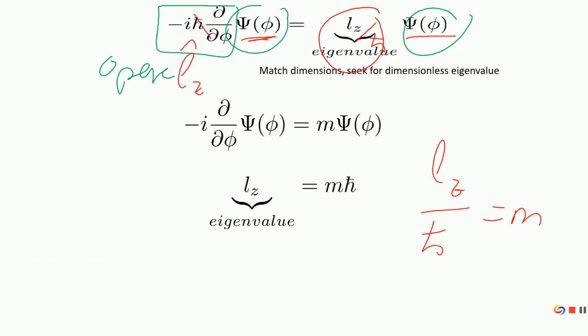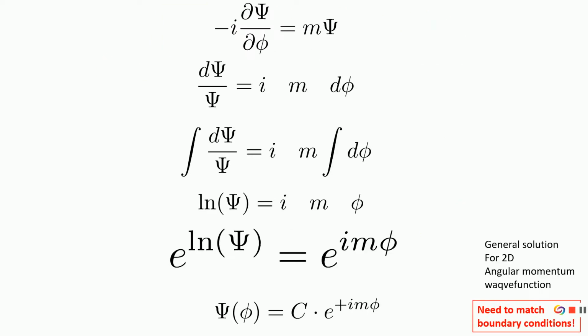So there is nothing new. Angular momentum operator, unknown wave function psi of phi, phi is the angle, and an eigenvalue. Specifically, if we use a dimensionless eigenvalue, then it's just the equation we want to solve, which is solved as it should be done for differential equations.